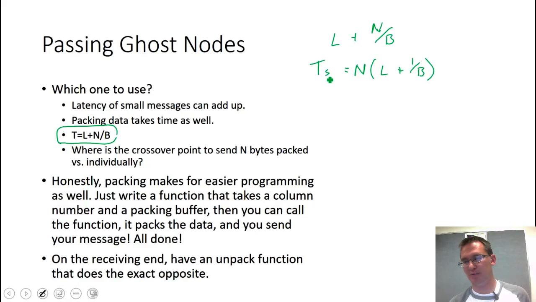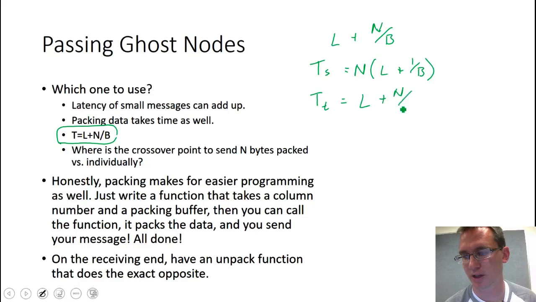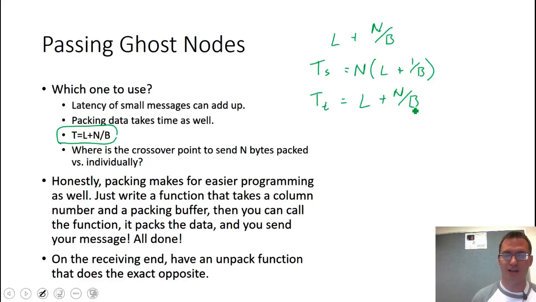And then if we send them all together, then the total time is L plus n over B. And so there is a point where it is more efficient to pack everything and send that, because you always pay what they call the latency penalty, because it's always present.